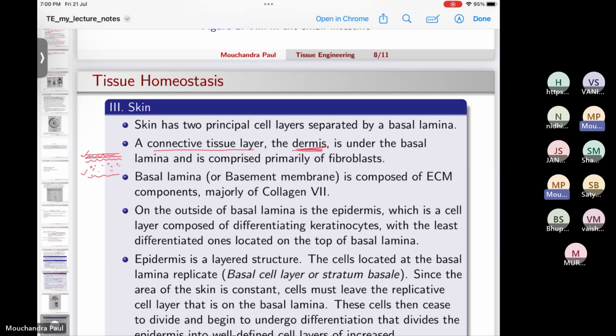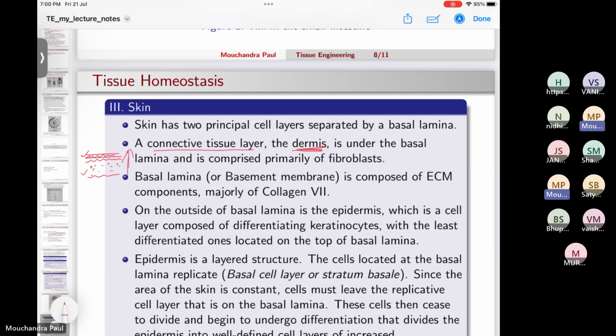The dermis is mainly composed of cells called fibroblasts, but there are other cell types too. I'm talking about 90% of the cells being fibroblasts.